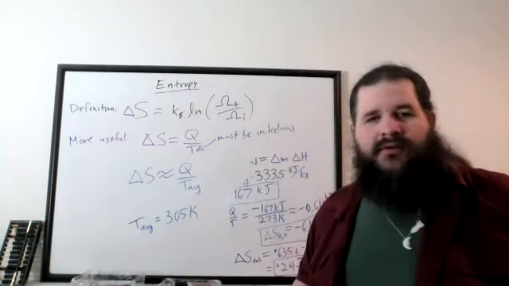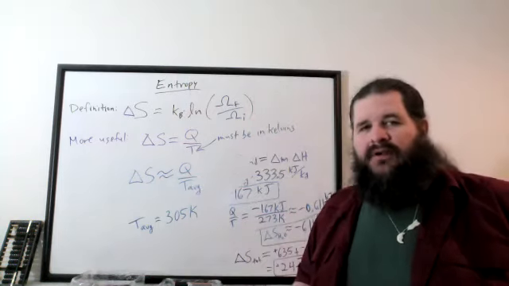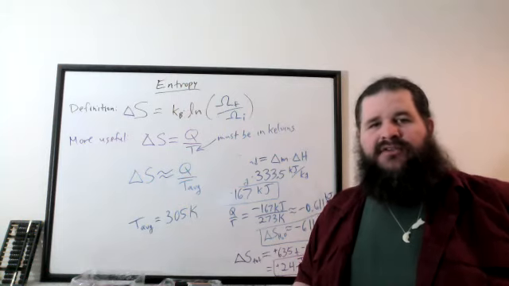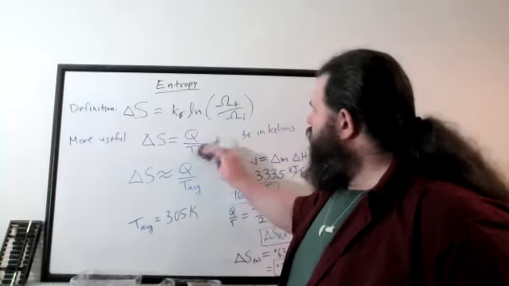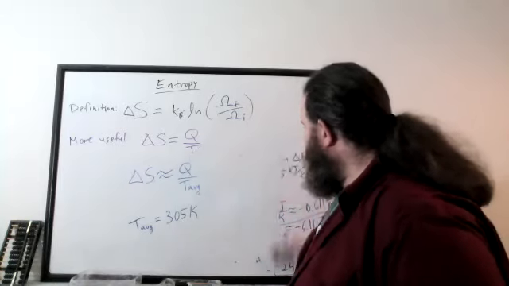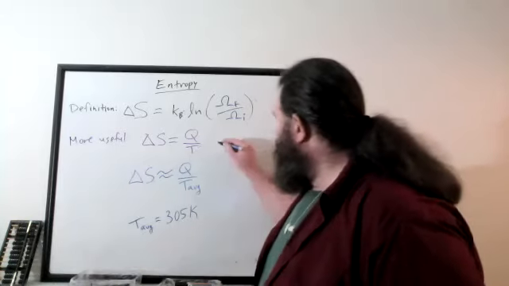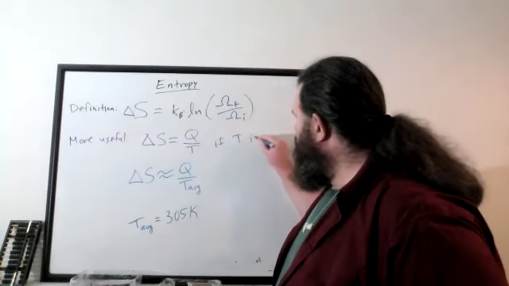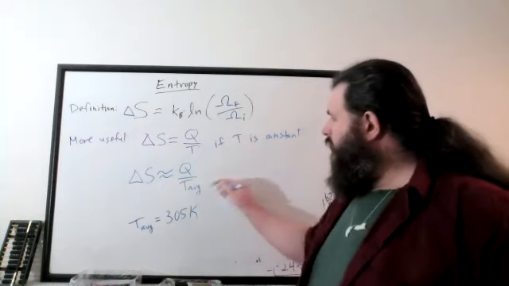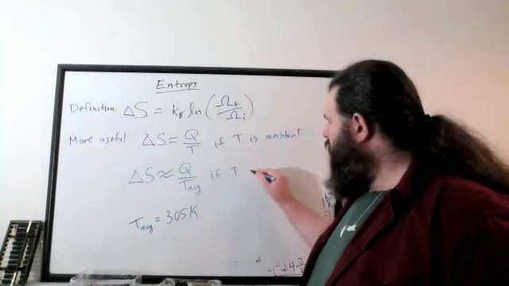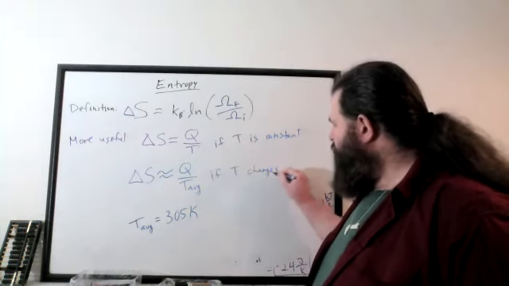This is a very accurate approximation. It's not perfectly accurate, but it's very close as long as the temperature is not changing an enormous amount. So Q over T if the temperature is constant, approximately Q over T average if temperature changes, but not very much.